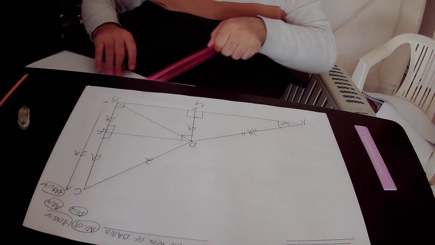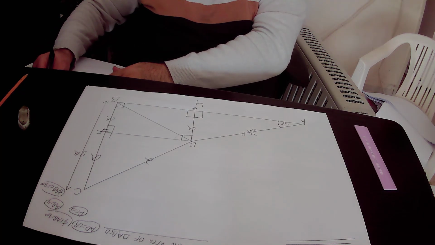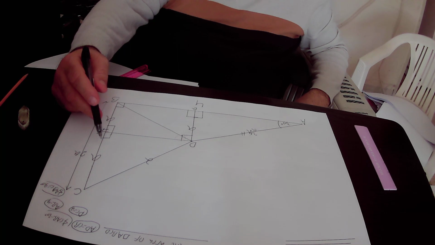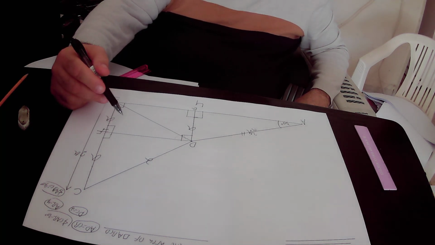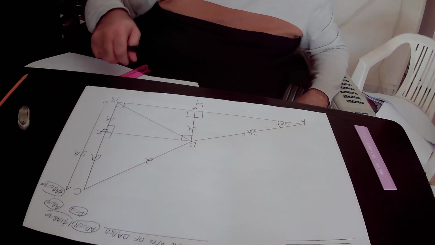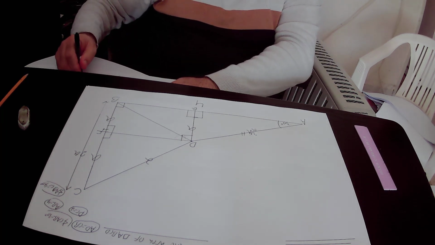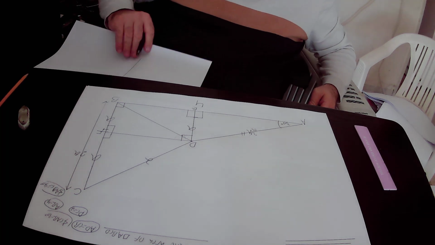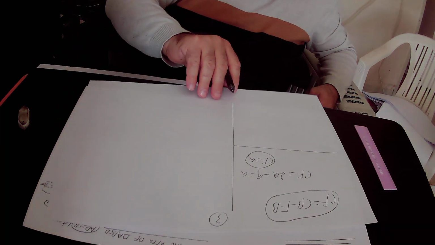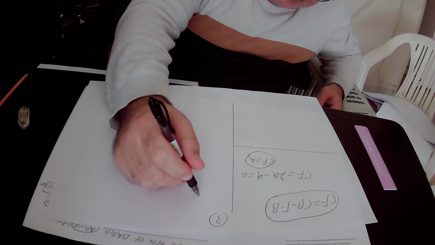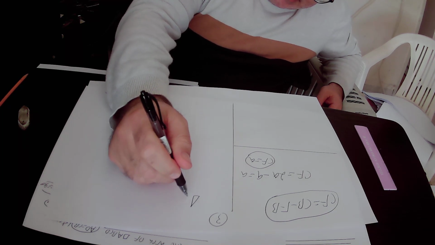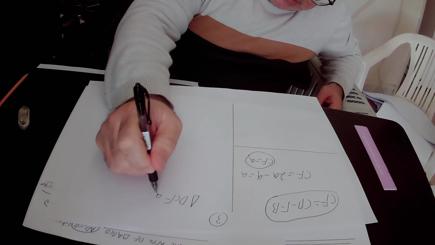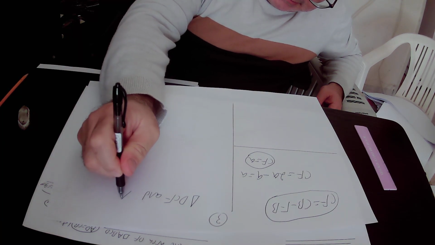And we will prove the triangle DCF is congruent to triangle DFB.